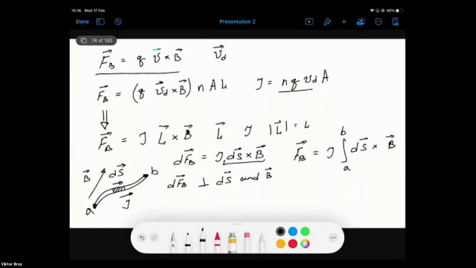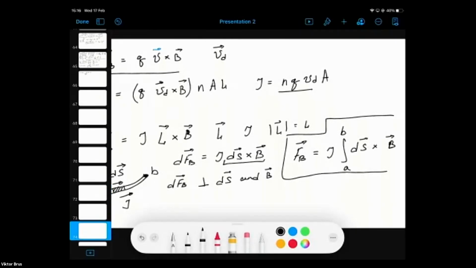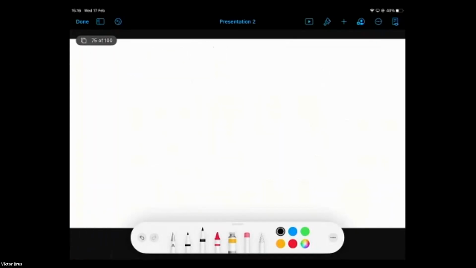Okay, so now that we already have this general equation, let us try to apply it to some case and see how it works. So let us consider a wire bent in the form of a semicircle and placed in an external magnetic field. So this is our magnetic field.